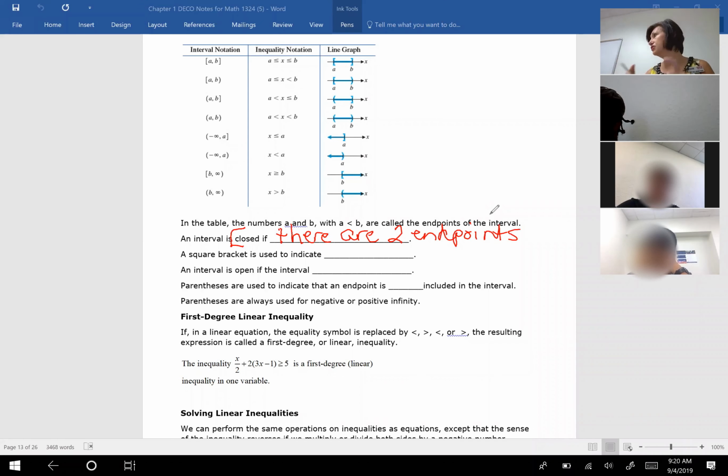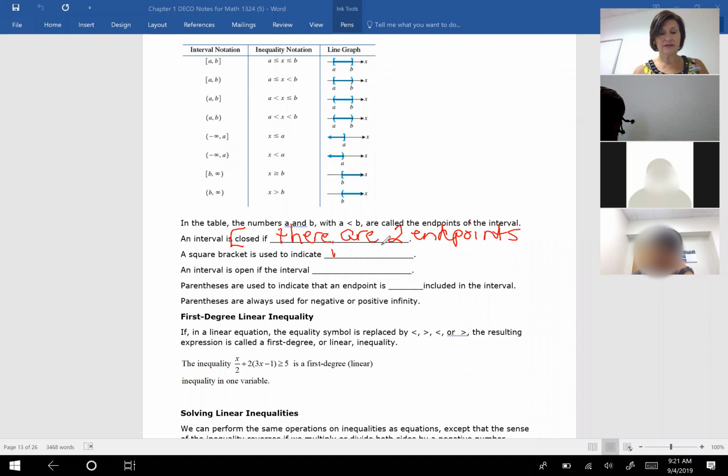Okay, that's how you're going to get two brackets, is if you have two endpoints, a start and a stop on your graph. Now, the square bracket is used to indicate what? In other words, if it's part of the solution, right? So it is used to indicate it is included. So it is included in the solution.